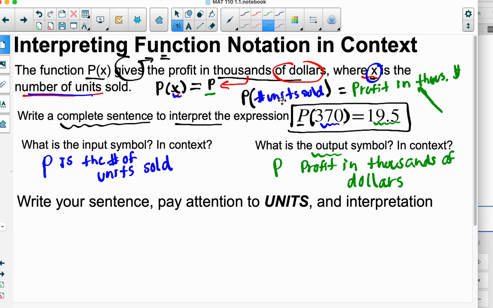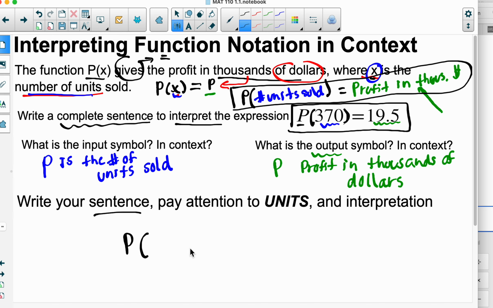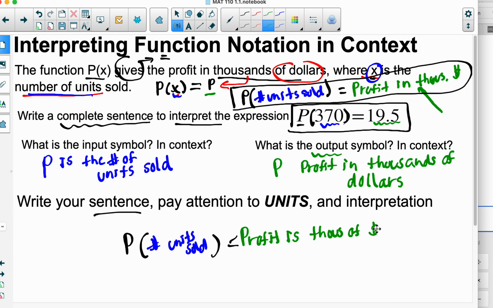So if I want to write my sentence, I can summarize it here. P of number of units sold is equal to profit in thousands of dollars.